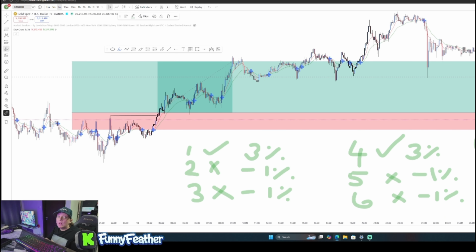We're still profitable. Remember, this is a marathon and not a race. So that is what the goal is, that is what we're trying to achieve. And this is why it's so important to journal how many we lose and how many we win. So that is for a long.